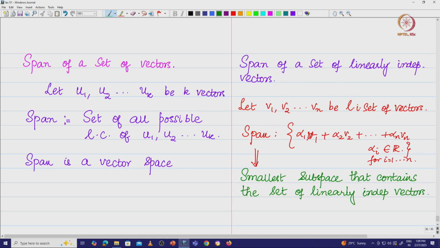This is the smallest subspace that contains the set of linearly independent vectors. So, this is a very interesting thing that we see.